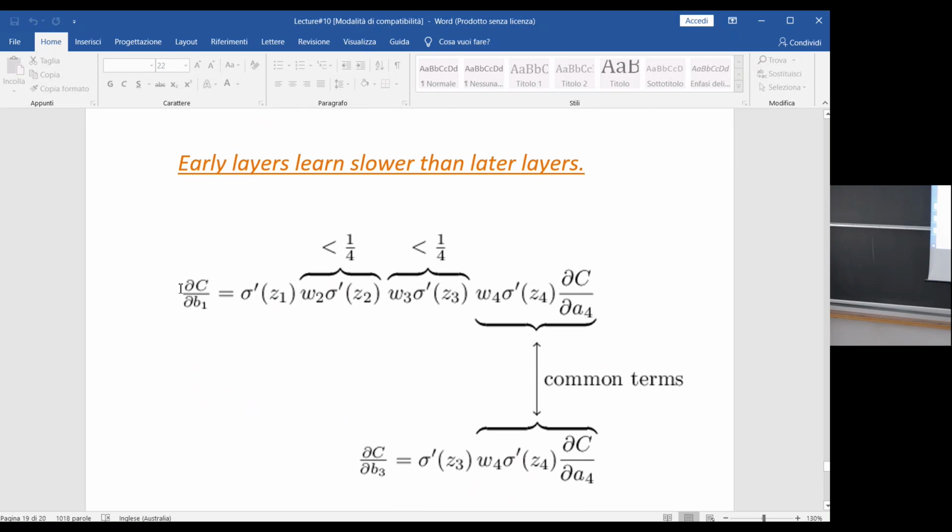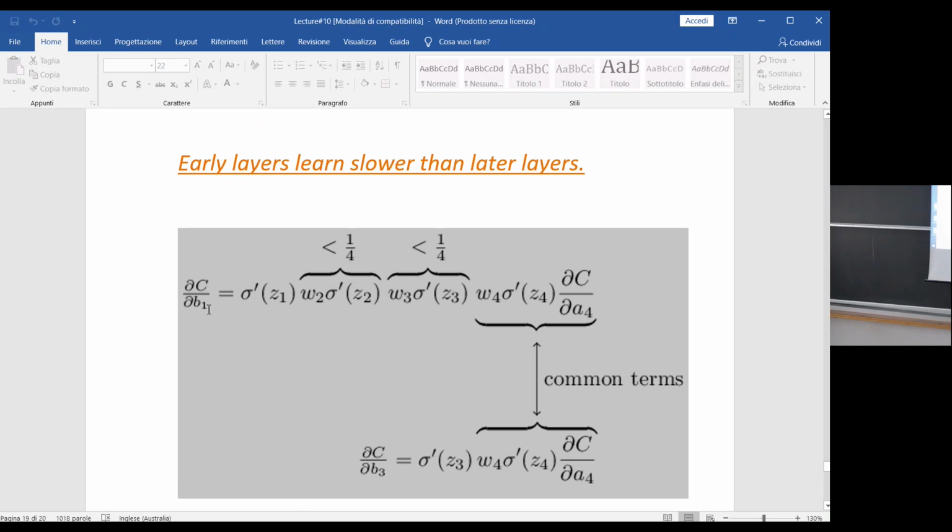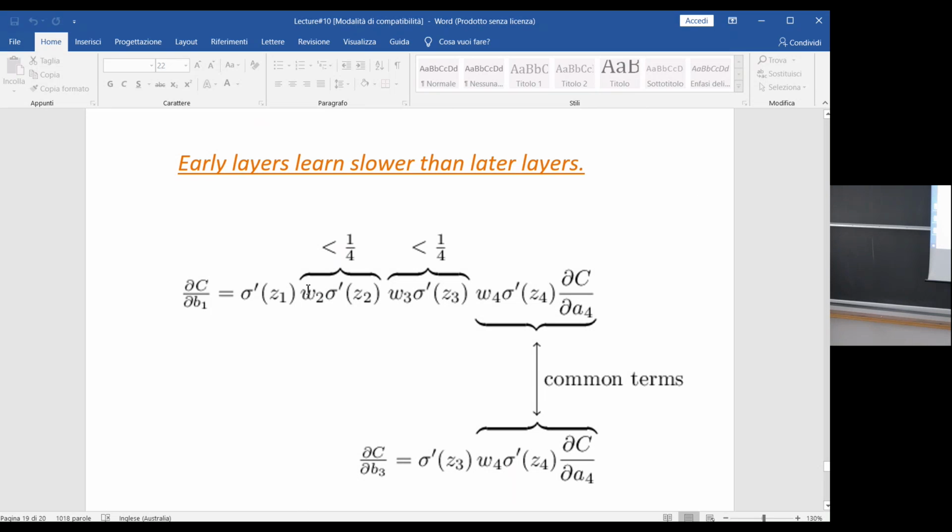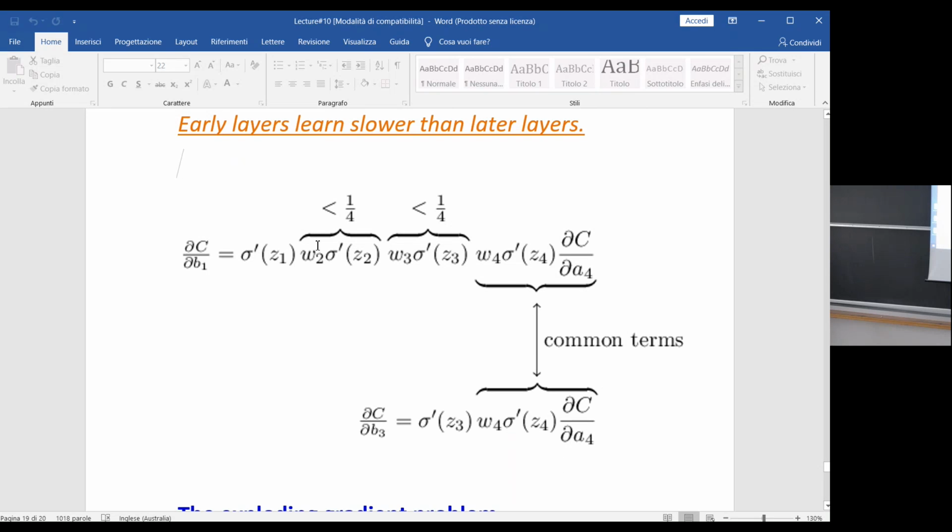The gradient of C with respect to the first bias b1 is sigma prime of Z1, then W times sigma prime of Z2, and so on. By the construction of our sigmoidal activation function, each sigma prime term is strictly smaller than 1/4.